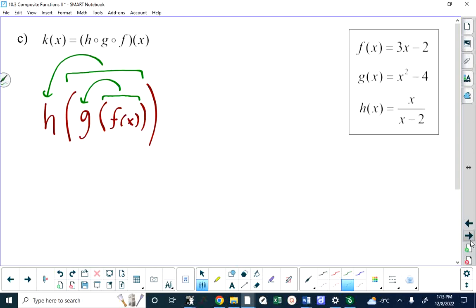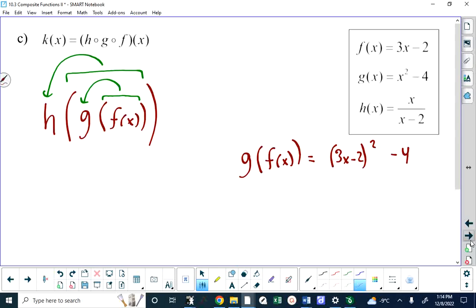And although I recommended with numbers not to do it in stages, I think you might want to do it in stages here. I think you might, for many of you, want to find g of f of x first. What is that going to be? Well, g of x is the input squared minus 4. f of x is 3x minus 2.